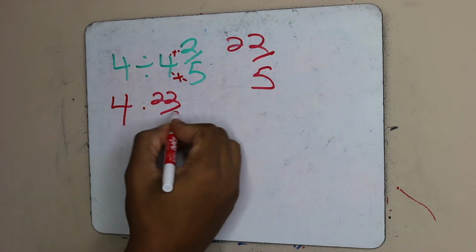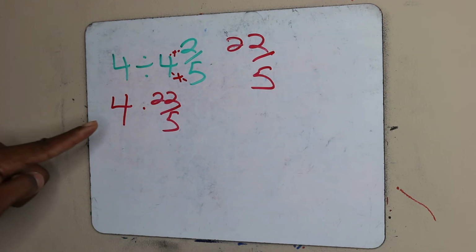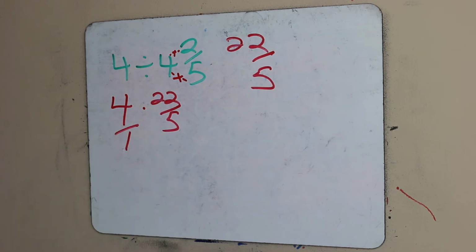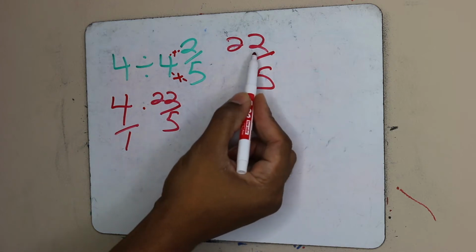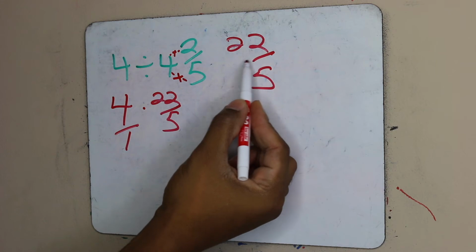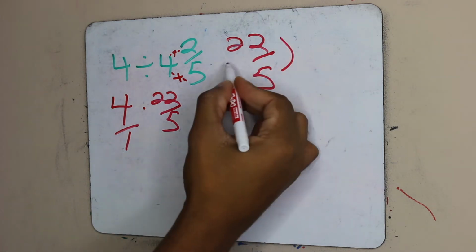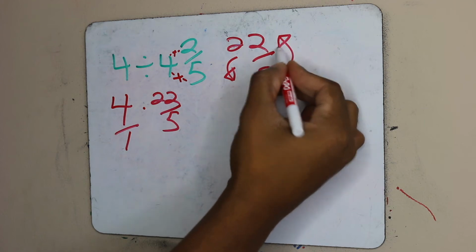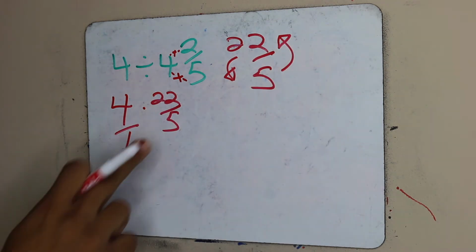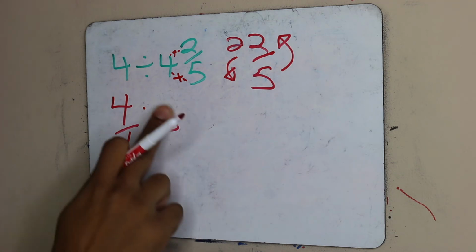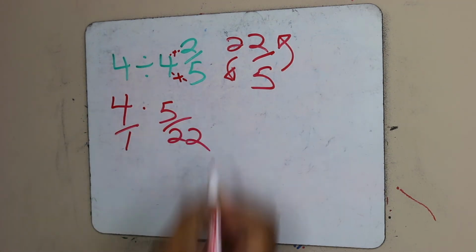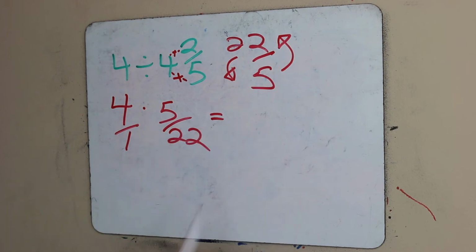And anytime you have one whole number, it is always over 1 as a fraction. Now, this is how it looked originally, but we're multiplying by the reciprocal. So we need to go ahead and flip these, flip the script. So instead of 22 over 5, it's actually 5 over 22.